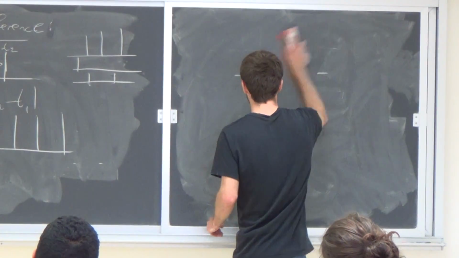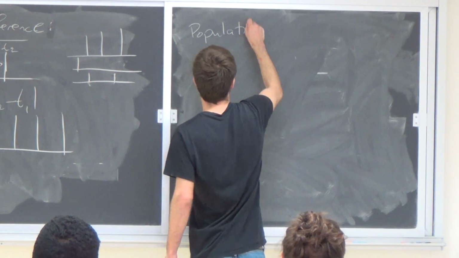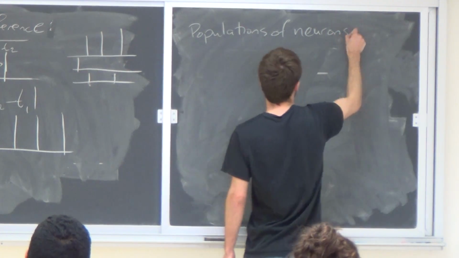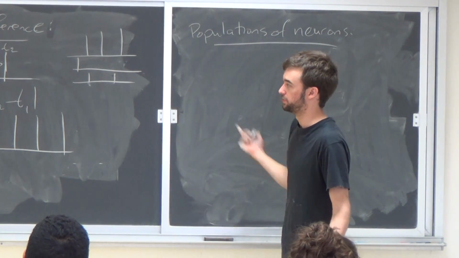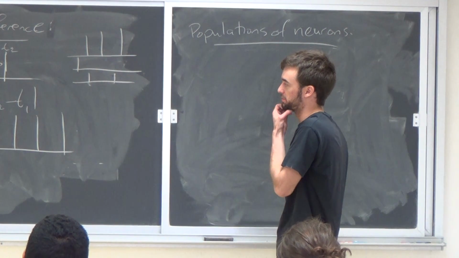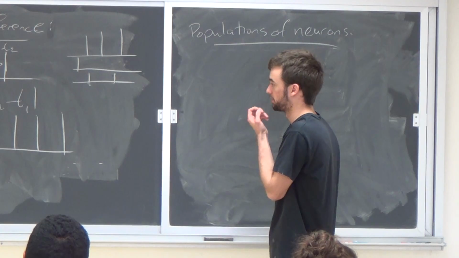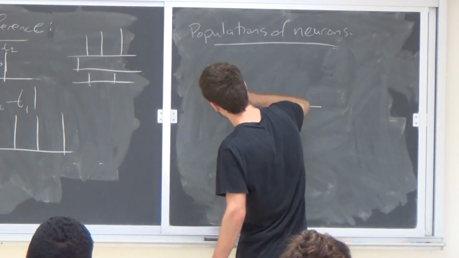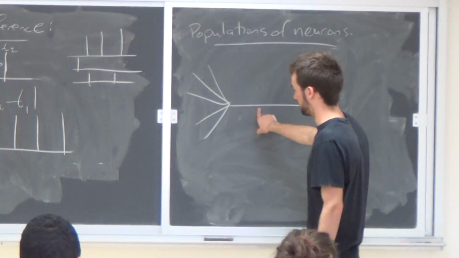So now we'll talk about populations. I'll give you 2 models that again neither are perfect, but they both highlight some interesting aspects. So the first one is simply: you have this neuron here, you have a whole bunch of other neurons here, and they're feeding into this neuron.